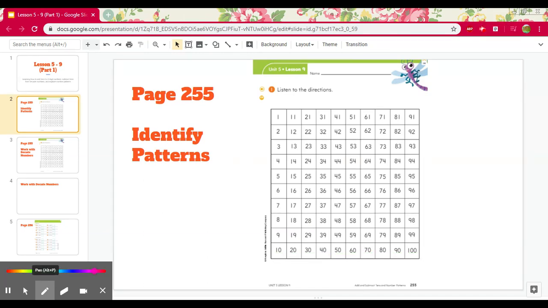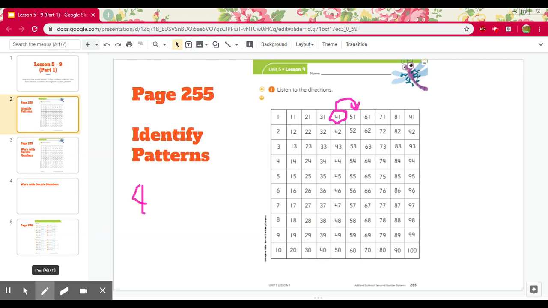Just a moment ago, we learned that we can use our 100 grid to help us find what is 10 more or 10 less than a number very easily. If we wanted to know what is 10 more than 41, all we'd have to do is move 1 over to the right. 51 has one more 10 than 41.